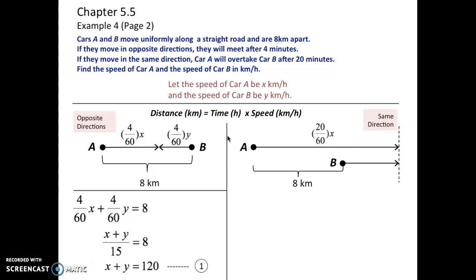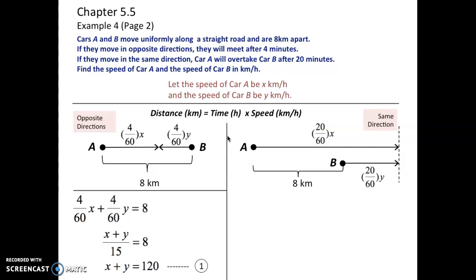Alright, so the distance traveled by car A in the 20 minutes is going to be 20 over 60 when converted to hours, multiplied by its speed, which is x km per hour. So we have 20 over 60 times x. This would give us the total distance traveled by car A in 20 minutes.